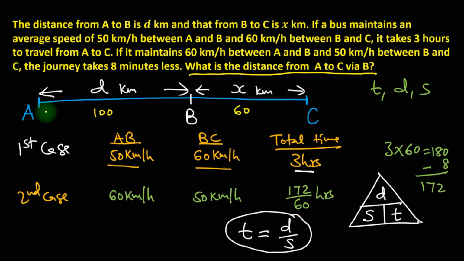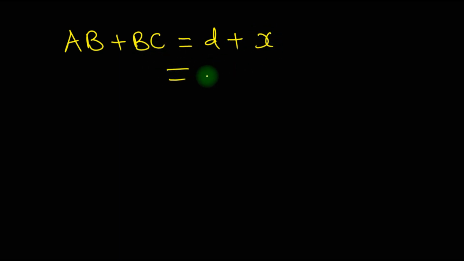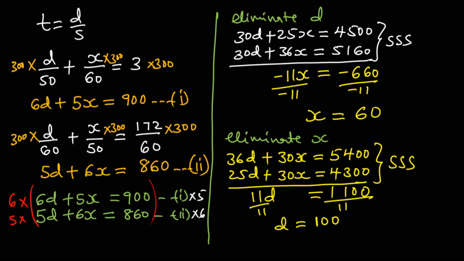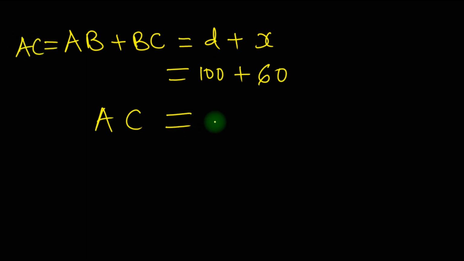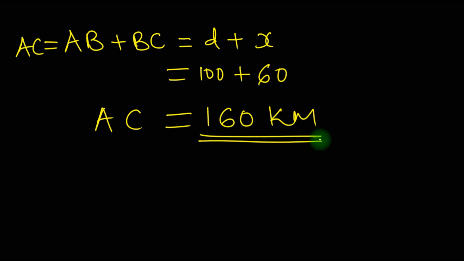So A, B, C. In short, the distance AB plus BC, where AB is D and BC is X. Since from our calculation D is 100 and X is 60, therefore AC is 160 kilometers, and this is the distance from A to C through B.